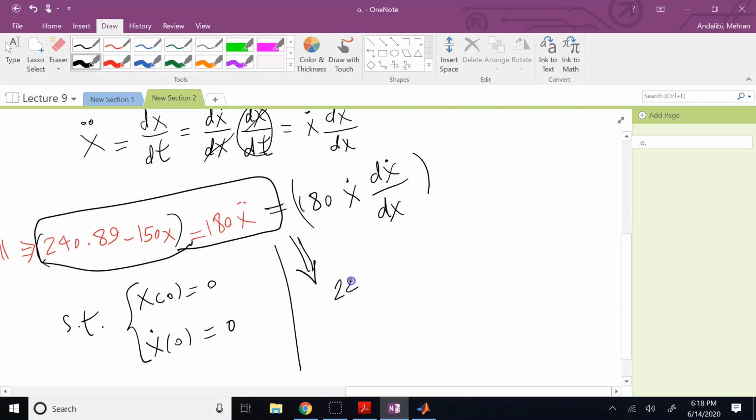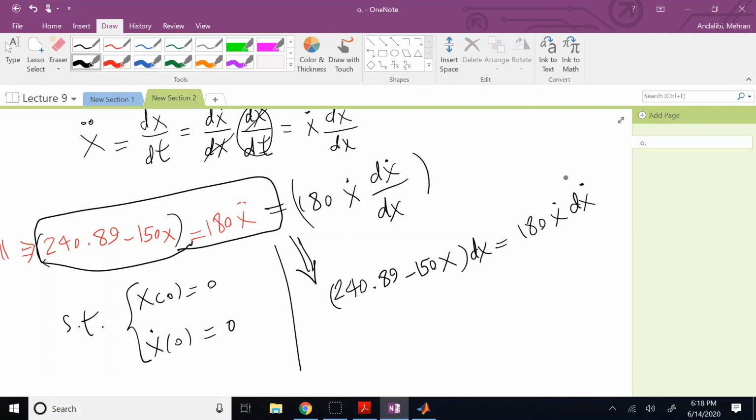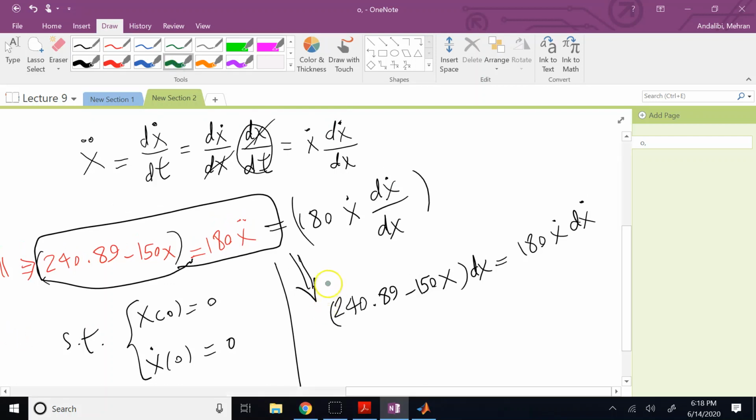So you're going to get 240.89 minus 150x times dx is equal to 180 times x dot times d of x dot. Now, if you see, left side is entirely x, right side is entirely x dot, therefore I can integrate, right? I did separation of variables.